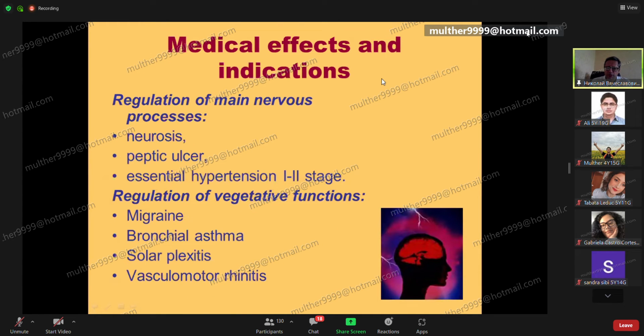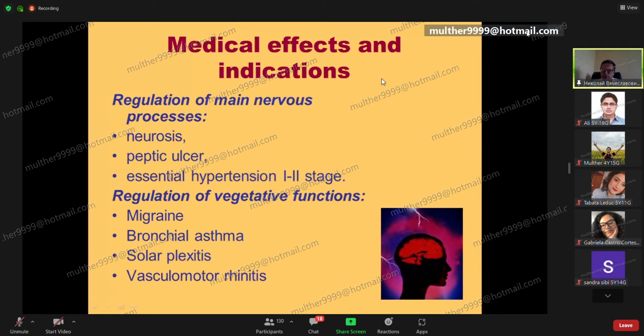Now let's enumerate the main effects, the main groups of indications when we can apply galvanization successfully in medical practice. We can apply it for regulation of main nervous processes, for so-called psychosomatic disorders such as neurosis, peptic ulcer, essential hypertension.